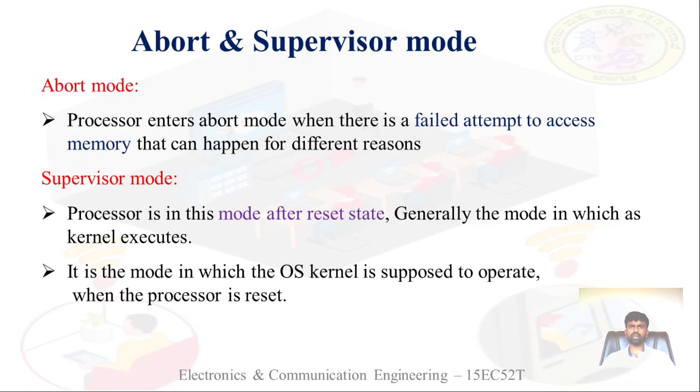Okay, now we will study them one by one. First is abort mode and the second one is supervisor mode. What exactly is abort mode? It is entered when there is a failed attempt at accessing memory. That means if the processor fails to access memory, at that time the processor enters abort mode. This can happen for different reasons.